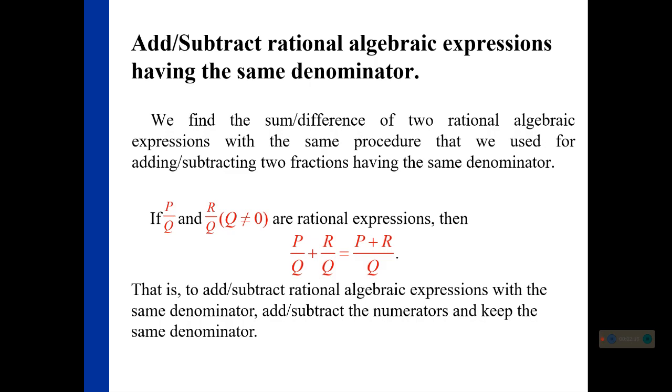So, if P/Q and R/Q, where Q is not equal to 0, are rational expressions, then P/Q plus R/Q is equal to P plus R over Q. That is, to add or subtract rational algebraic expressions with the same denominator, you add or subtract the numerators and keep the same denominator.